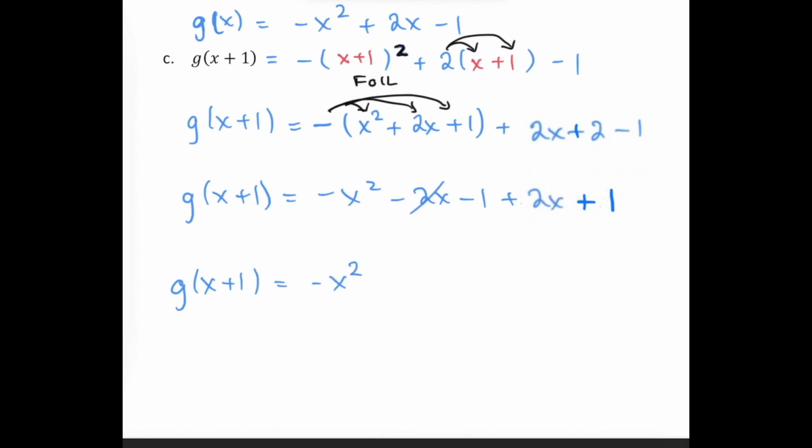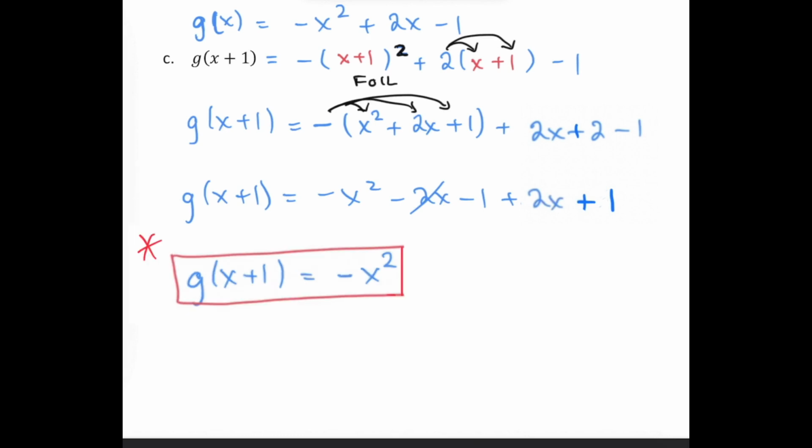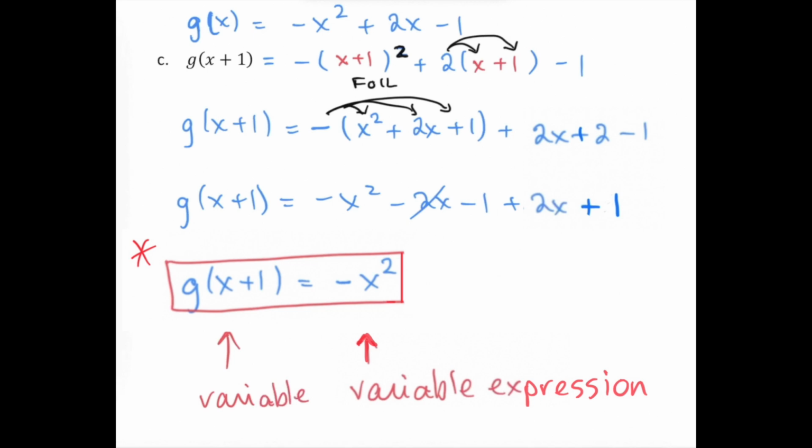And minus 1 plus 1 also cancel out. So we end up with g evaluated at x plus 1 is going to give us the output that is just negative x squared. If we have a variable expression that we are plugging in, we're going to get a variable expression as the output.